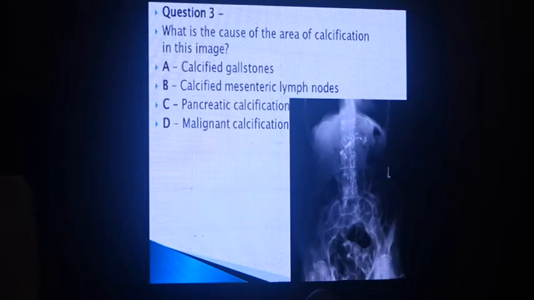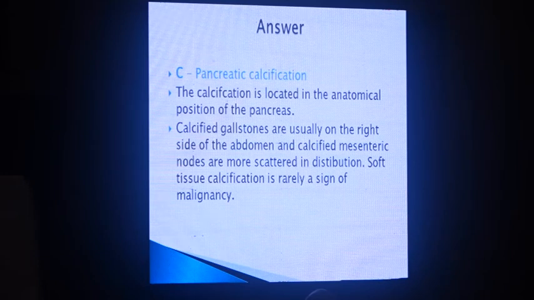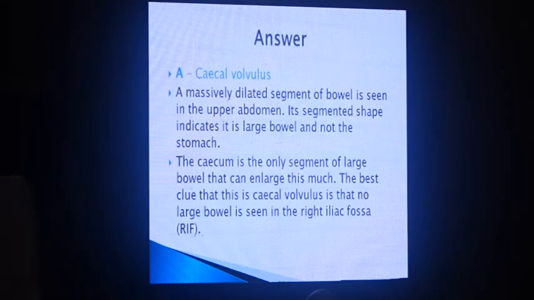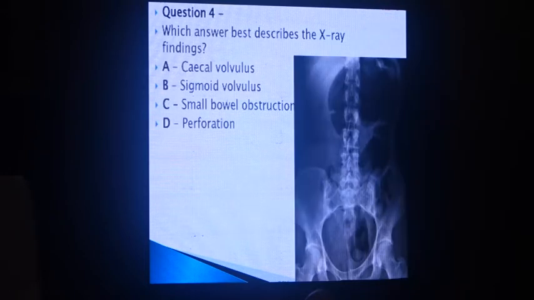Now next question. What is the cause of the area of calcification in this image? This was a simple question. Now next question. What answer best describes the X-ray findings? Cecal volvulus, sigmoid volvulus, small bowel obstruction or perforation? Why is it cecal?